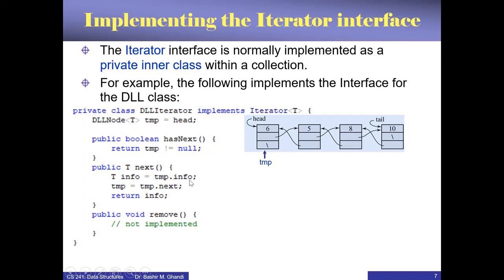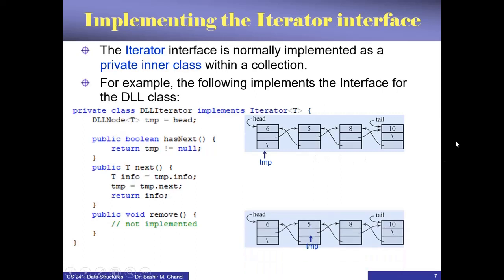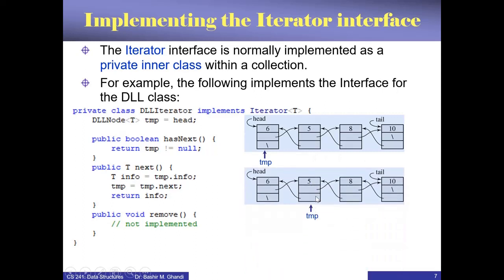So it obtains temp.info and saves it in a variable of type T, of course, because the type of the elements here is T. We are calling the variable info here, but it doesn't matter the name you use. Now move temp to the next, so temp will move to the next node. Then return info. So it's going to return 6.